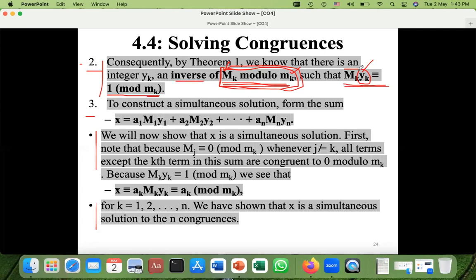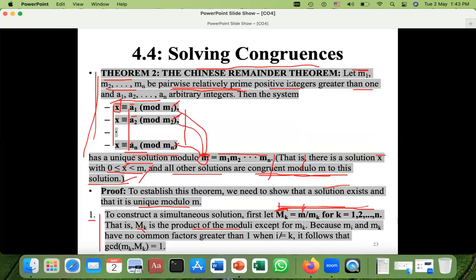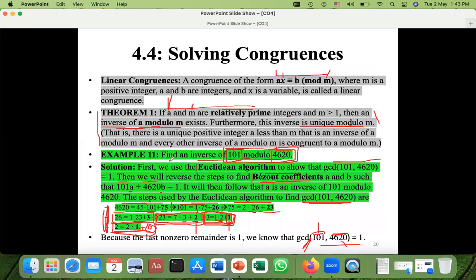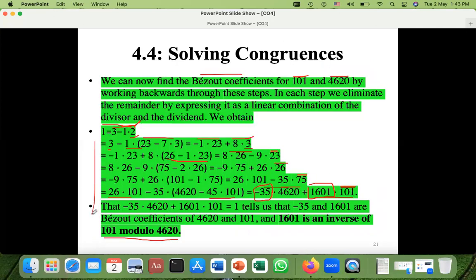That is one way to find an inverse from this form, and the other way is that you can use this procedure, first this one and then that one.